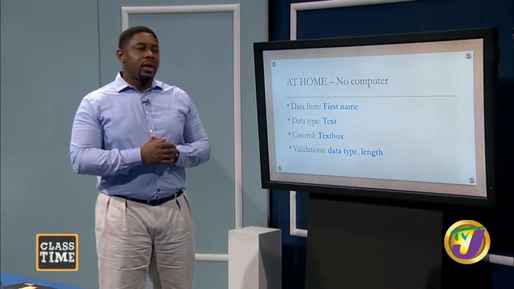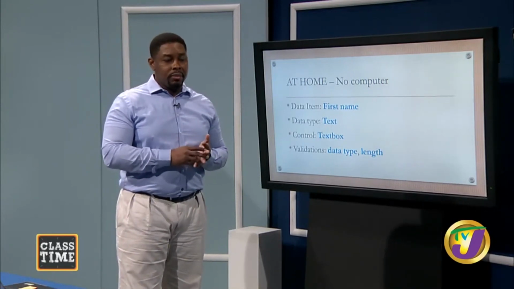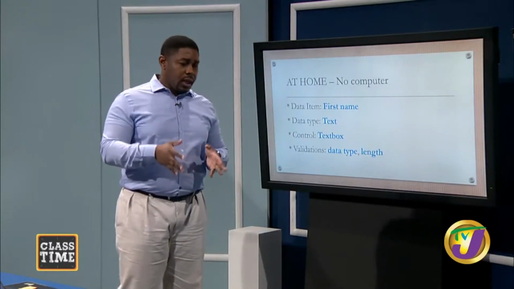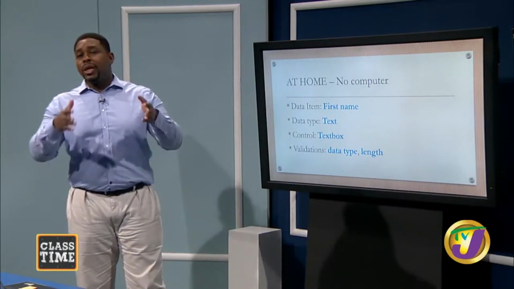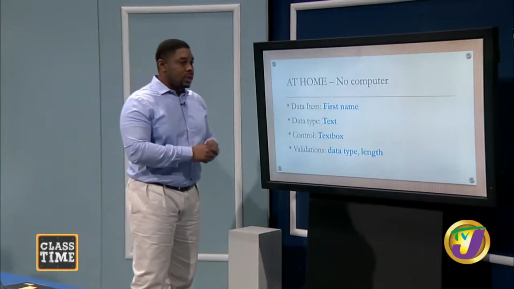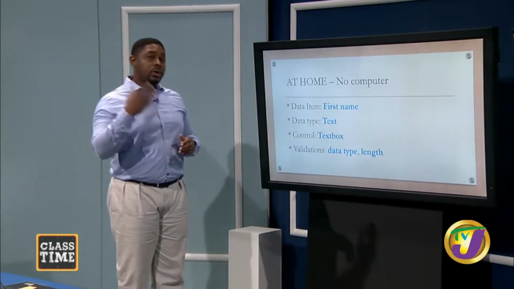Now, of course, it seems like you're going backwards to doing pencil and paper, but it makes more sense to have that kind of a regimen going for you so that when you finally sit in front of the computer, you already know what to do and you don't have to worry about all the other things relating to what you don't know or what you don't have.